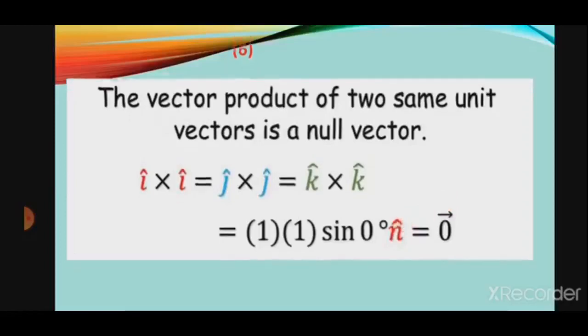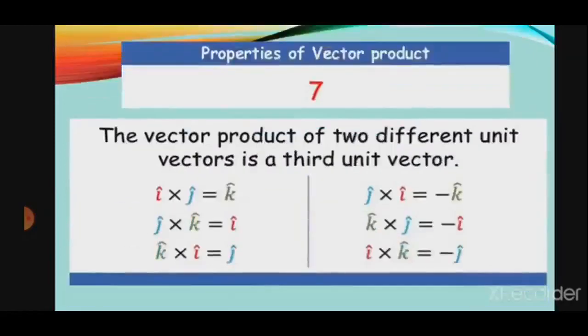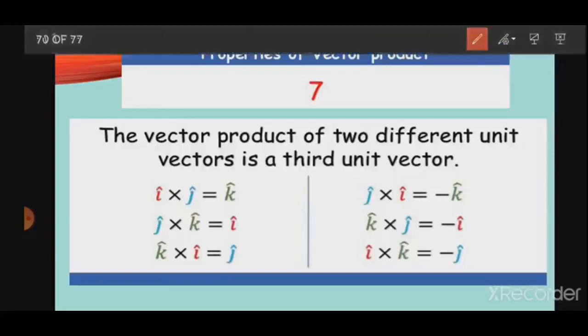So next property, in the case of orthogonal unit vectors. What are orthogonal unit vectors? Now take an orthogonal Cartesian coordinate system. Now write, this is a 3 component vector: x, y, and this one is z.